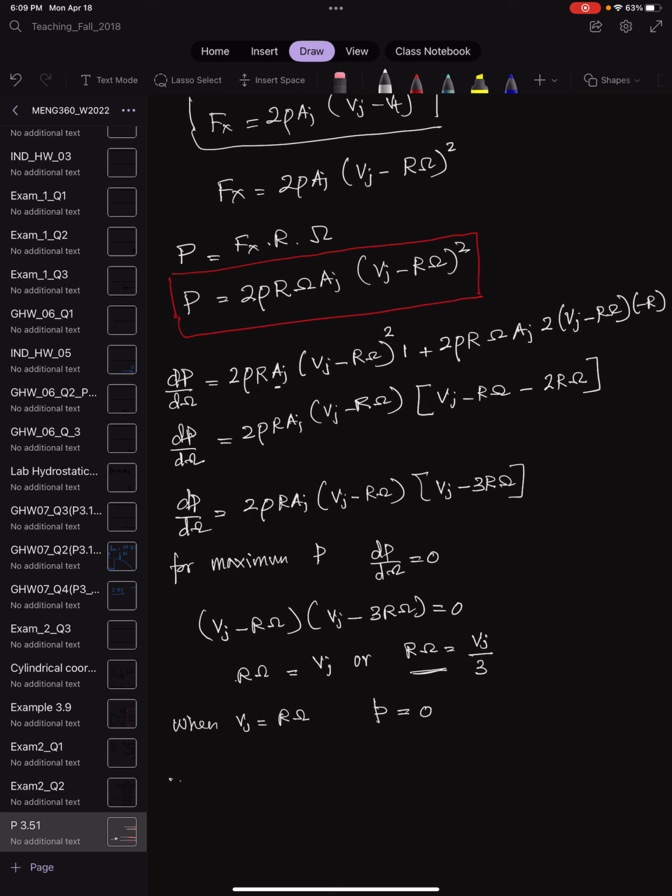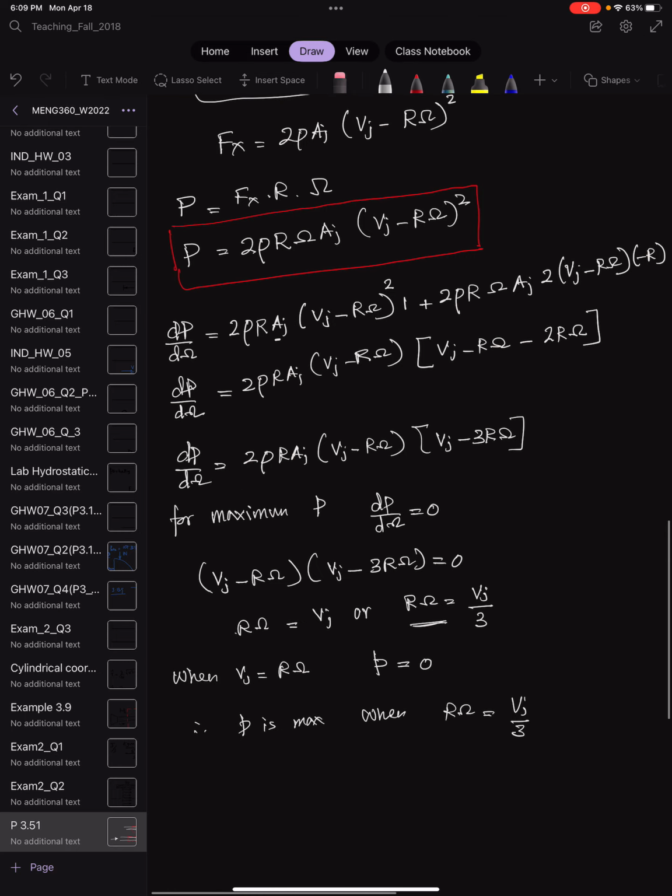Therefore, P is max when r omega is equal to vj over 3, right? When r omega equals vj over 3, you can say P max is equal to 2 rho r omega Aj.